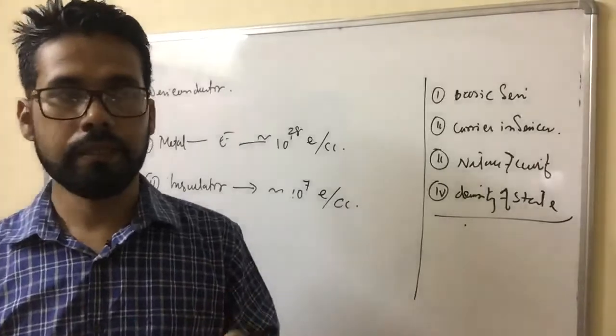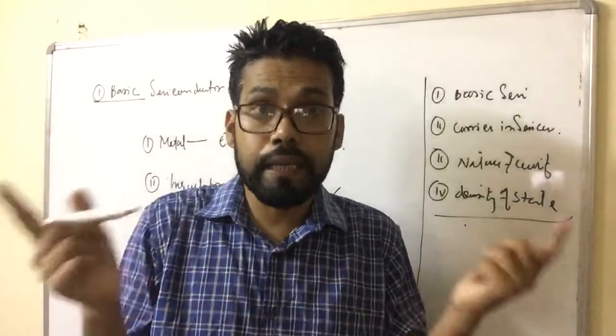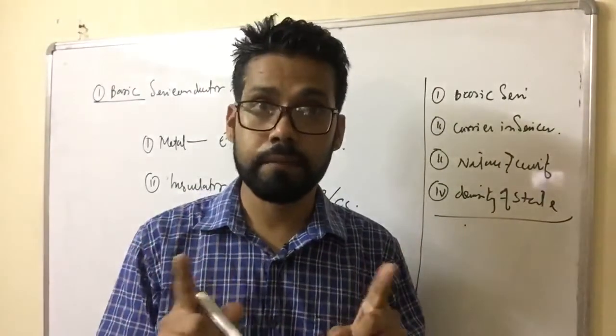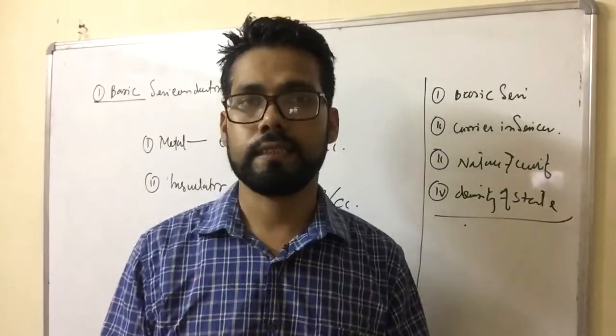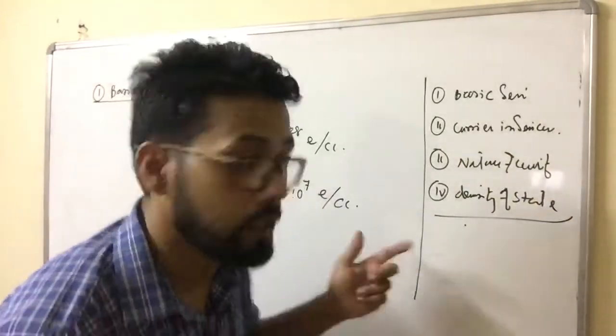But one thing remember, semiconductor may behave as if it is metal, but it is never converted into the metal. This is the basic definition, but we have to understand more than that.